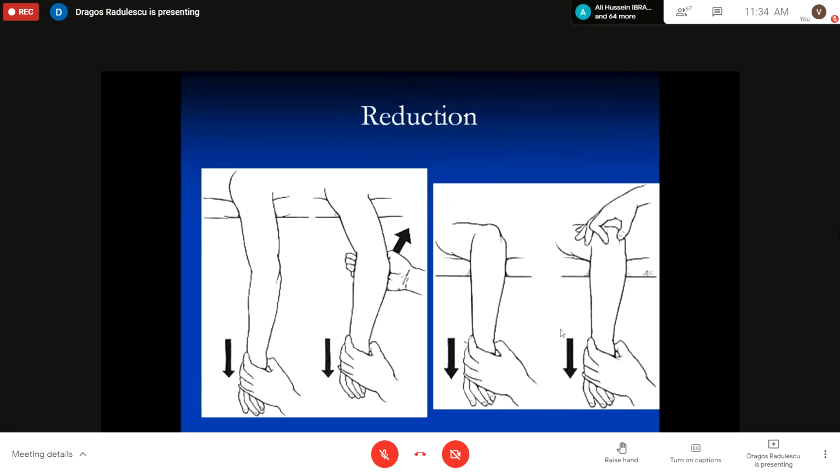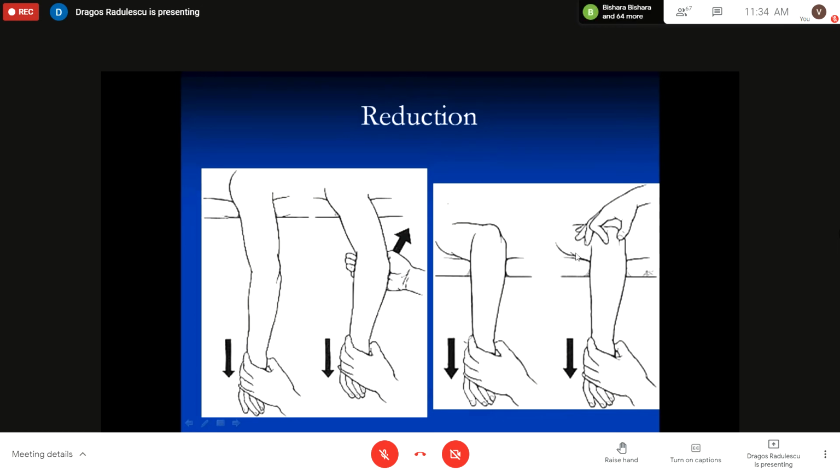The other way to do it is with the patient lying on his front on the examining bed, with the elbow on the edge of the bed, as you can see here. So basically the examining bed is the actual counter here.